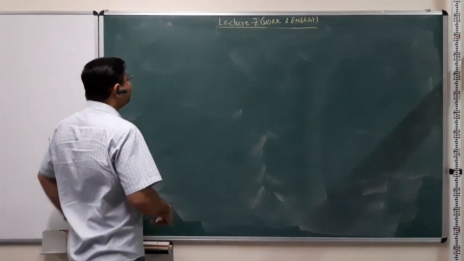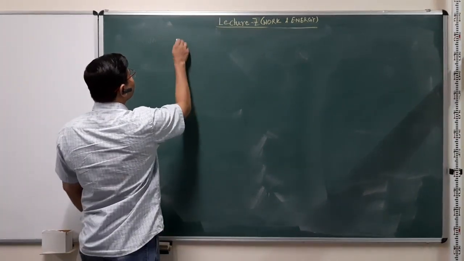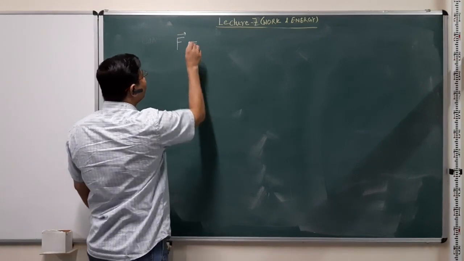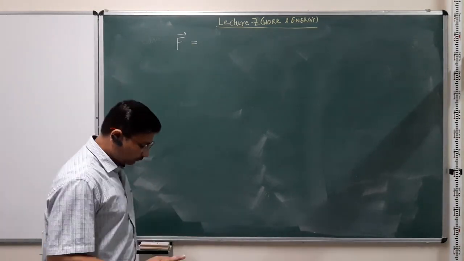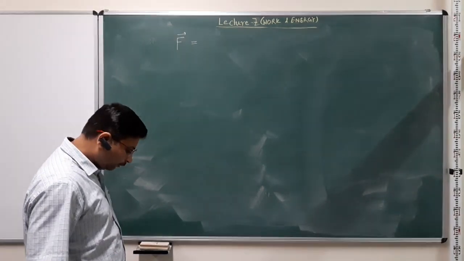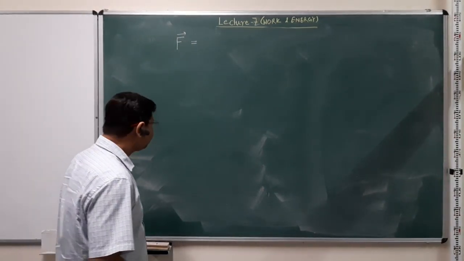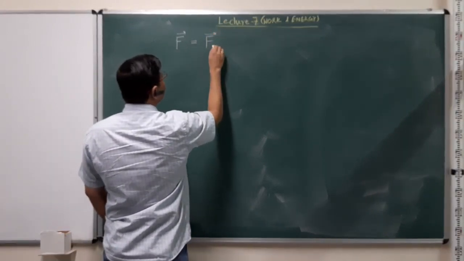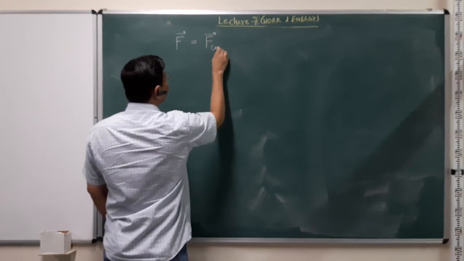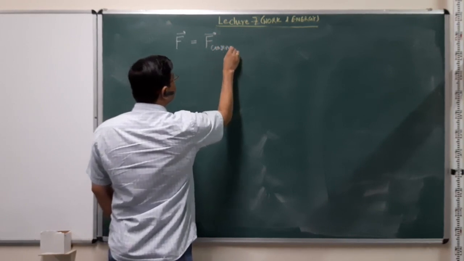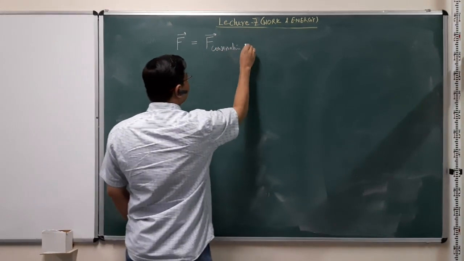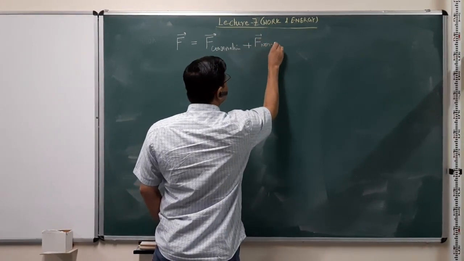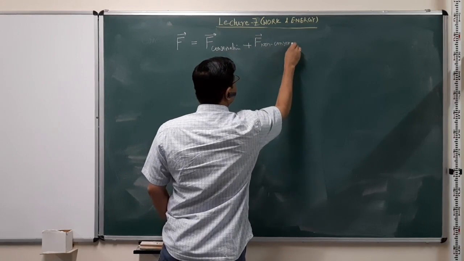Okay, so continuing from there, now what I can say is, for a system in general, for all the forces that are acting on that system, we can say that a general system is under the influence of conservative forces, as well as there could be some non-conservative forces.